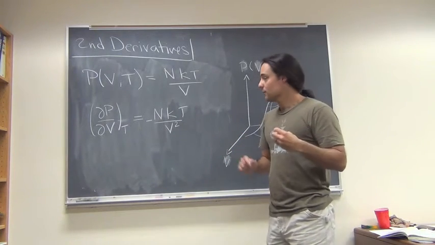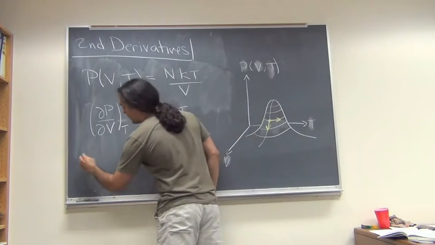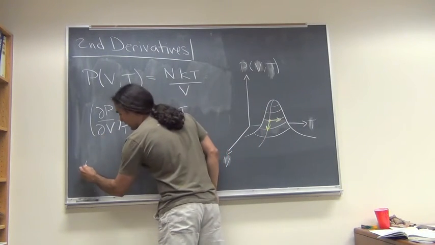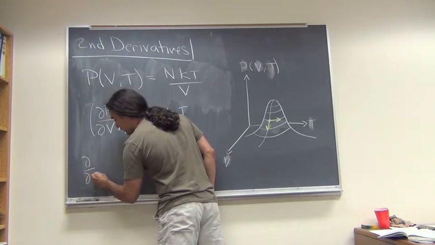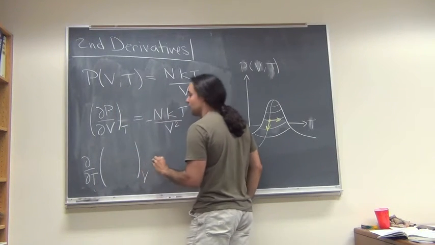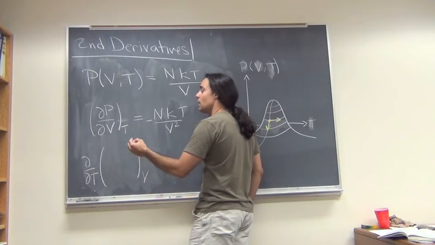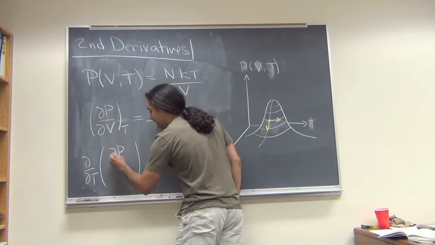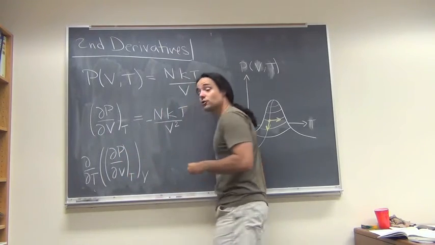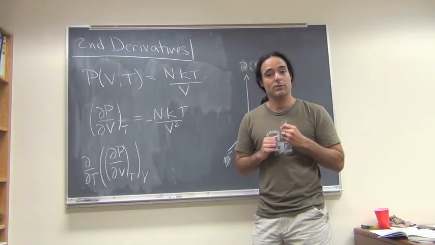Let's do another derivative. Let's now take d/dT at constant V of dP/dV at constant T. So now I'm just doing another derivative, this time with respect to temperature.